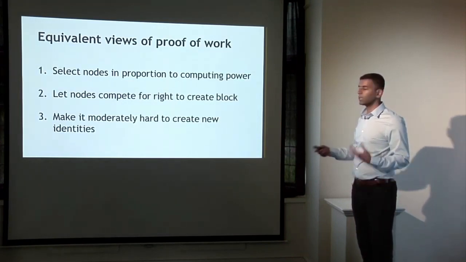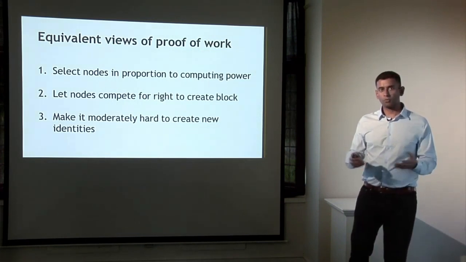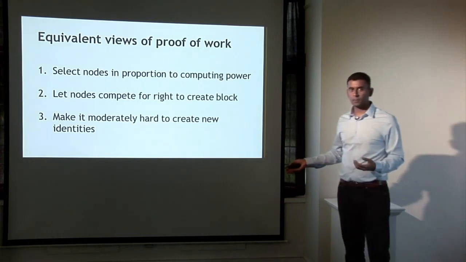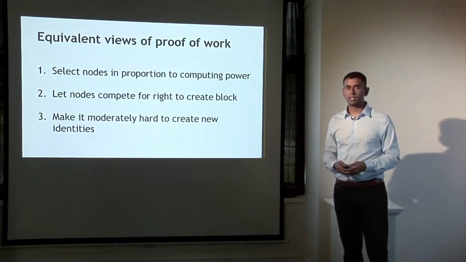You can also think of a third way, which is that we're making it moderately hard through proof of work to create new identities. So it's sort of a tax on identity creation and on the Sybil attack. This may all appear a bit vague, so let me go ahead and show you the exact proof of work system that's used in Bitcoin, and that's going to make things a lot clearer.